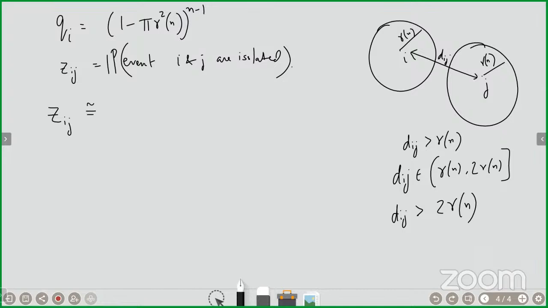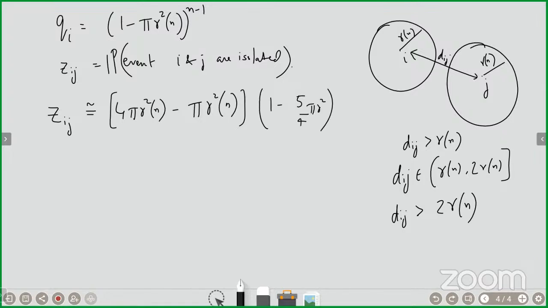Essentially, not precisely, but otherwise, it's 4 pi r square n minus pi r square n times 1 minus pi r square to the power n minus 2. So this belongs to the first figure, and plus 1 minus r square.